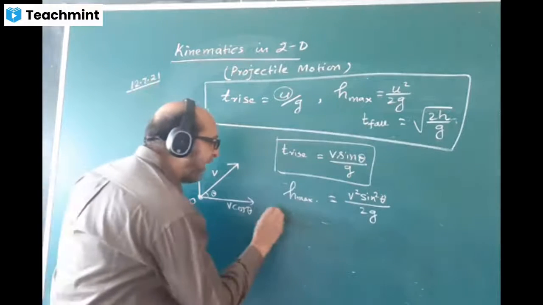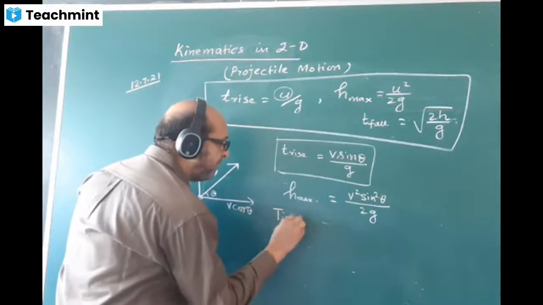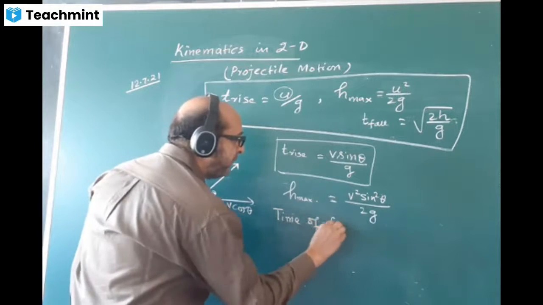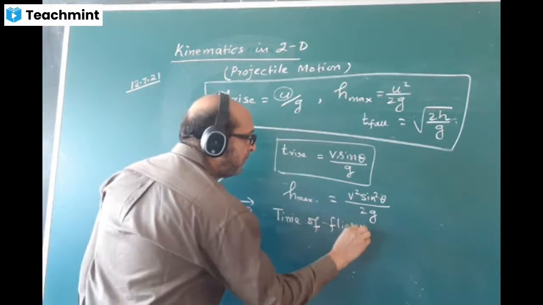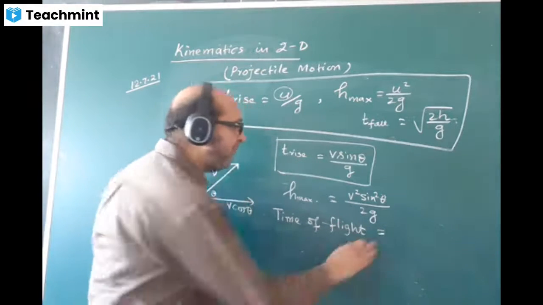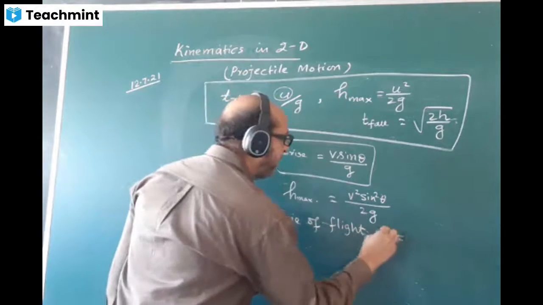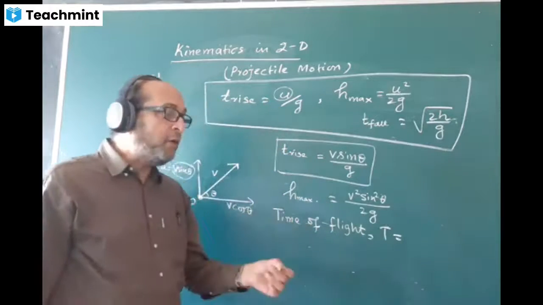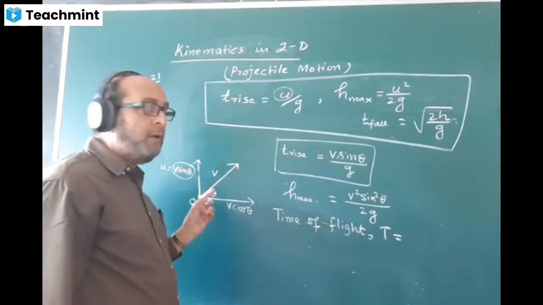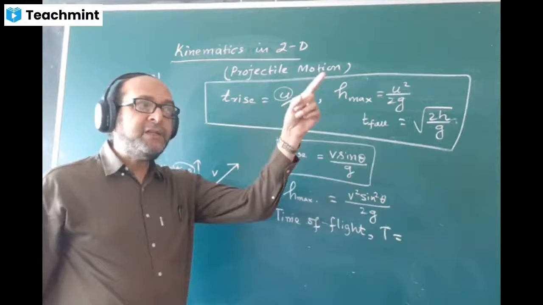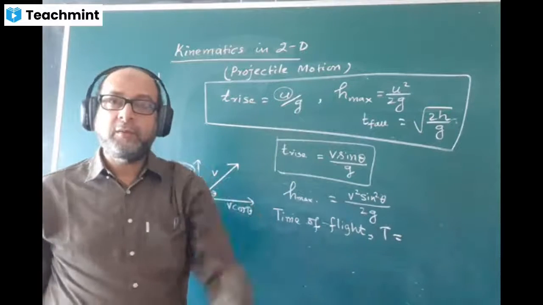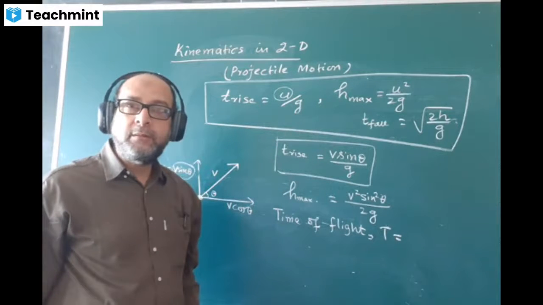Now let us find one more thing. It's called time of flight, which we denote by capital T. We know when a body is thrown up, the time of rise and time of fall are always equal.